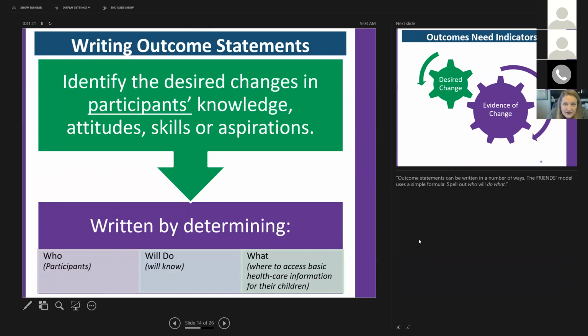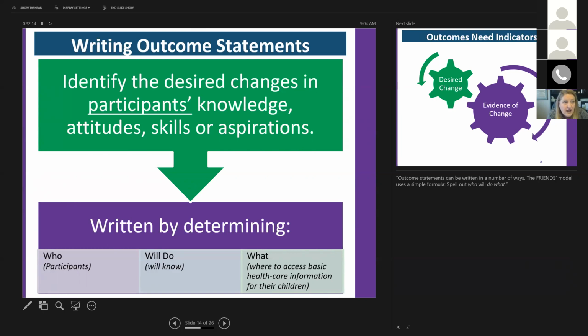So excellent. I'm going to pause again. We're getting ready to go into indicators, and I want to double check with outcomes and make sure everybody feels comfortable with that content and feels like they could write an outcome statement for themselves, should they need to, which, hint, you will at some point need to. Any questions?